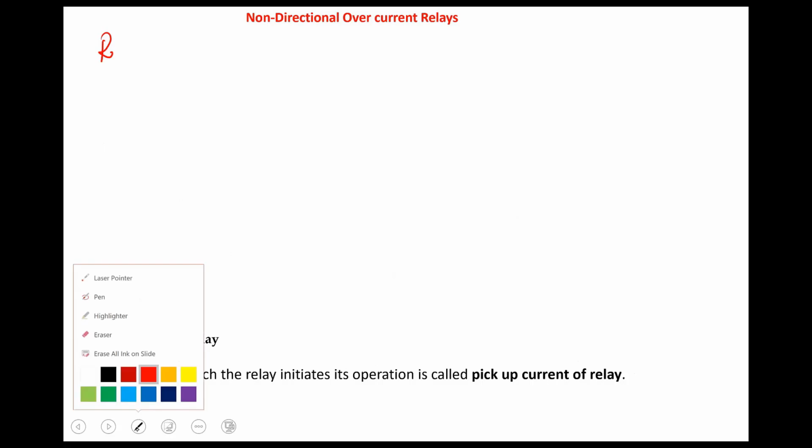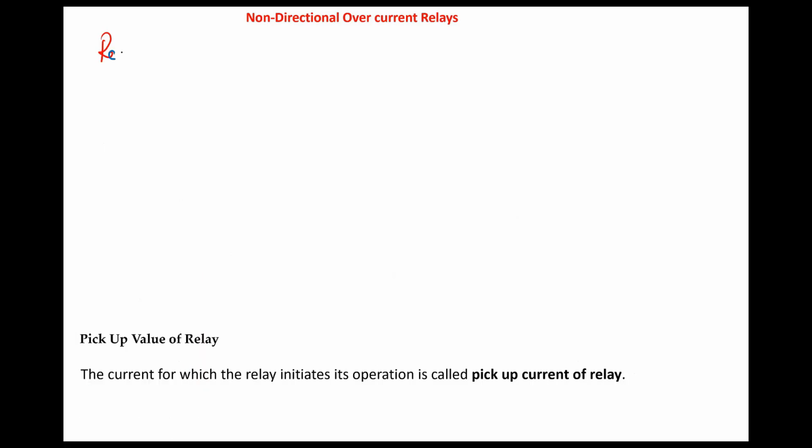Pickup value is the value at which the relay just starts operating. So the relay operates if I is greater than IP. Very important point, above the pickup value.